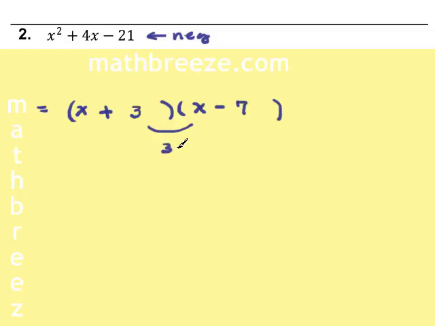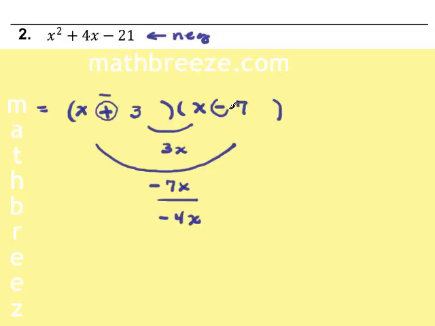Check the middle term. We have 3x and negative 7x. And that sums to a middle term of negative 4x. Now, we got the correct value in absolute value, but the wrong sign. So that means that all we have to do here is switch these signs to get the correct factorization.